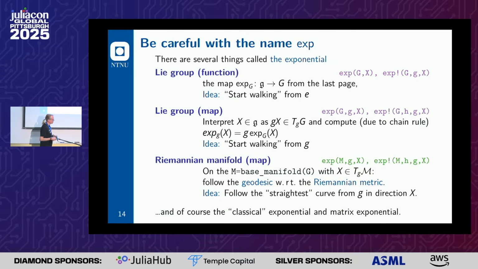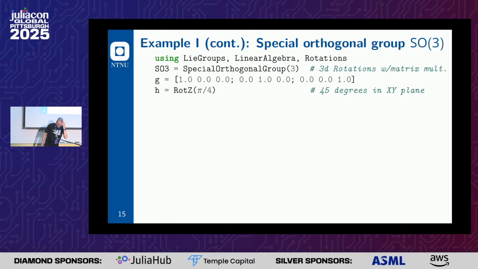And of course, if you're not in Julia, Manifolds.jl, LieGroups.jl, there's of course also just exp with one parameter, which is either the exponential or the metric exponential, right? So if you have just one parameter, forget all these and you're just in the classical linear algebra case. Okay, so that's the caveat with the exponential map. So let's continue with the code example. If we now again stick to the special orthogonal group, then we want to take 2 points.